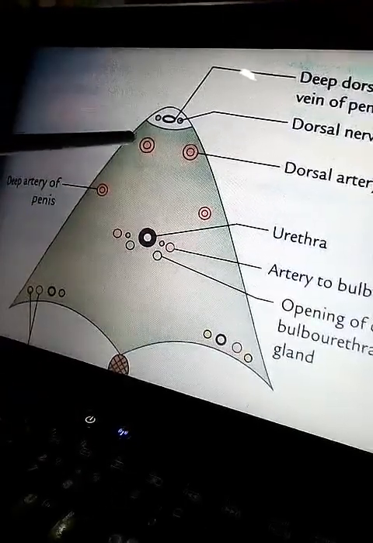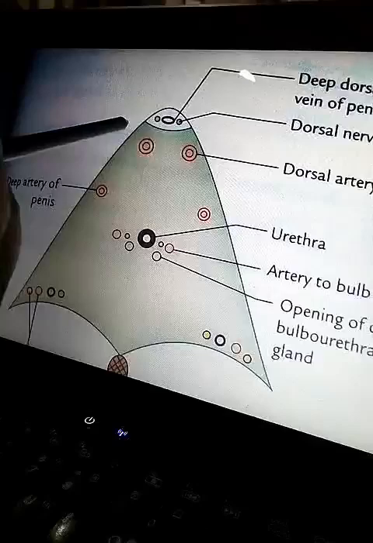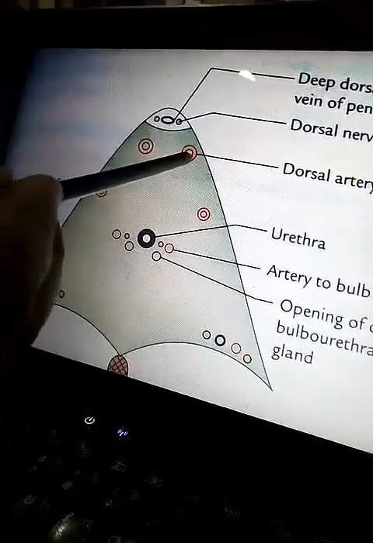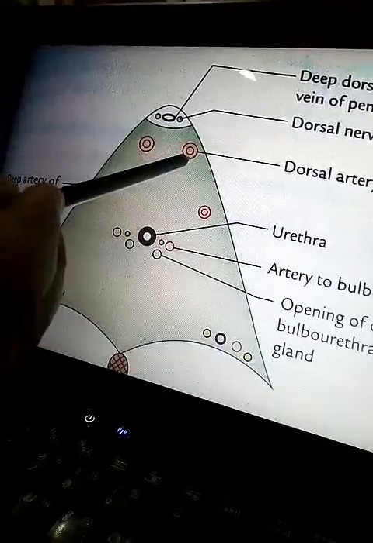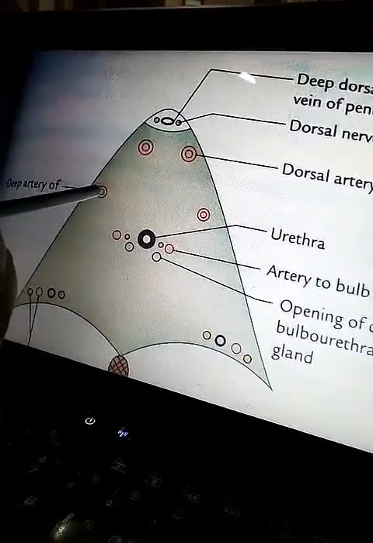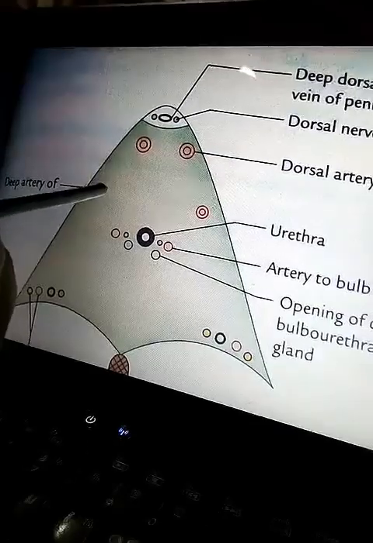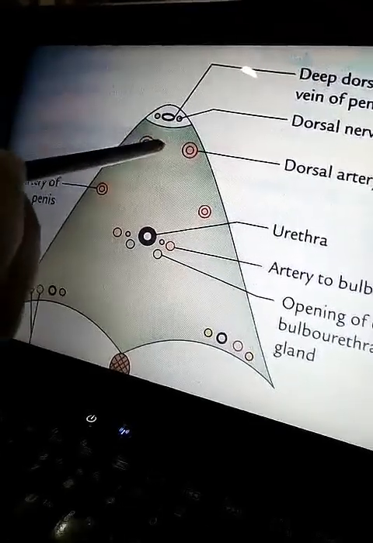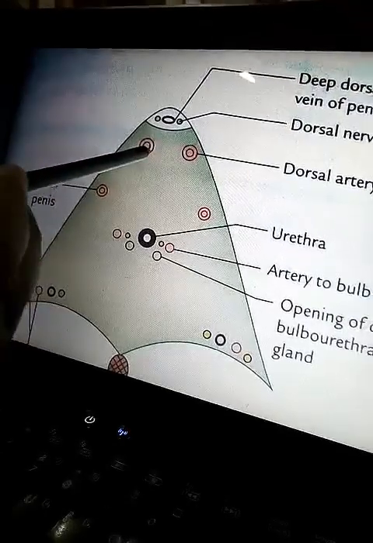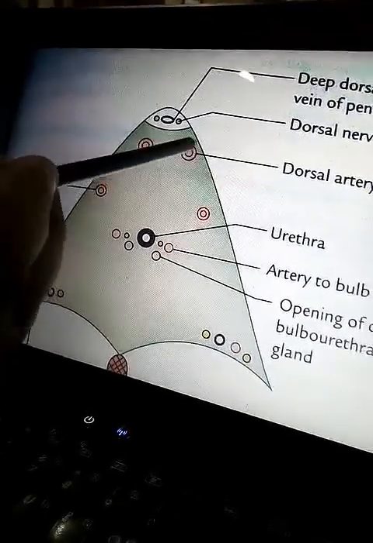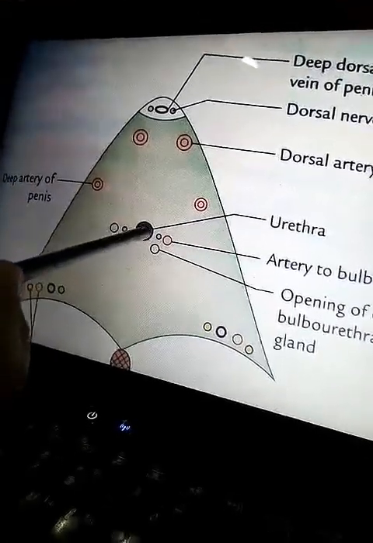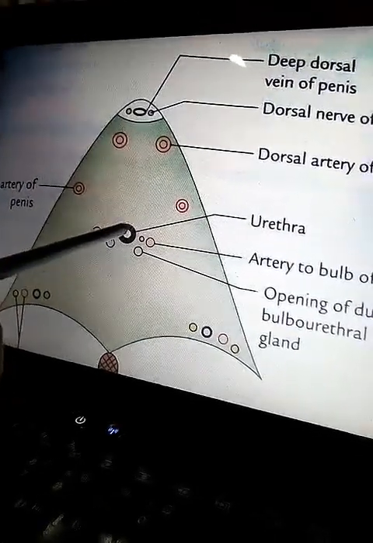Another structure that pierces the perineal membrane is the deep artery of the penis or deep artery of the clitoris, near the middle of the attached margin. Another structure is the dorsal artery of the penis or dorsal artery of the clitoris, near the anterior part of its attached margin.